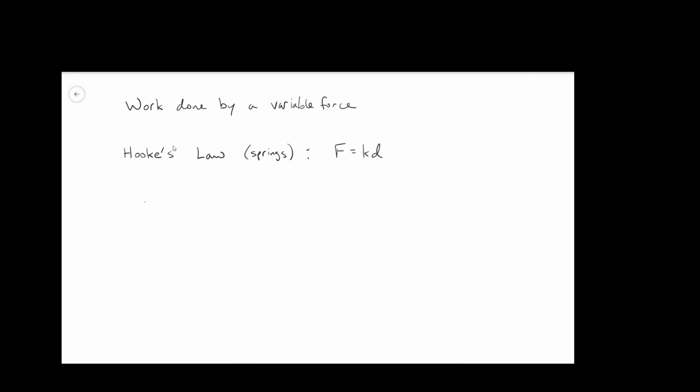So the situation we might have is, suppose we've got a block or something, an anchor for the spring, and here's the spring, right?